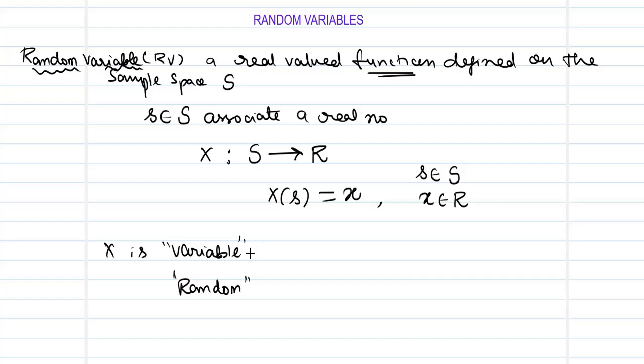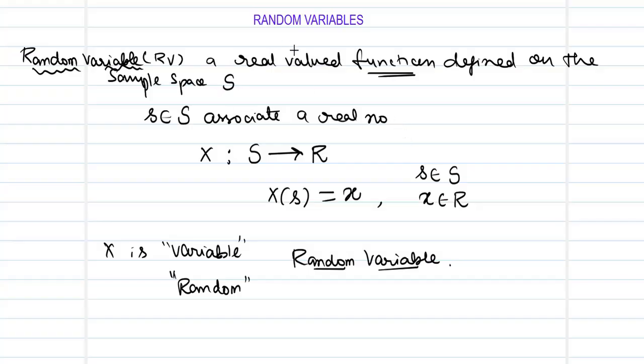So at different points of time, if it takes different values with different probabilities, then that variable is called a random variable. So it is a real valued function defined on the sample space and associated to a real number.